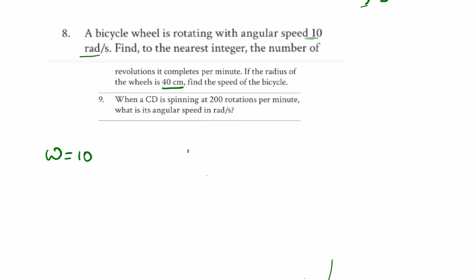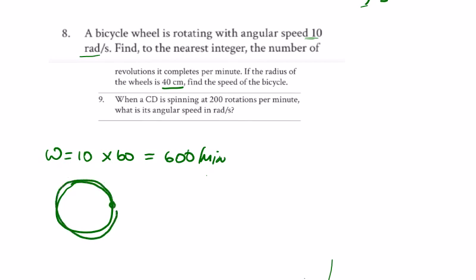Okay, so number of revolutions, it goes 10 in a second, so 10 times 60 is equal to 600 in a minute. And 1 full revolution from here all the way around and back to here is 2π. So 600 divided by 2π will be the amount of full revolutions, and to the nearest integer this is working out to be 95.